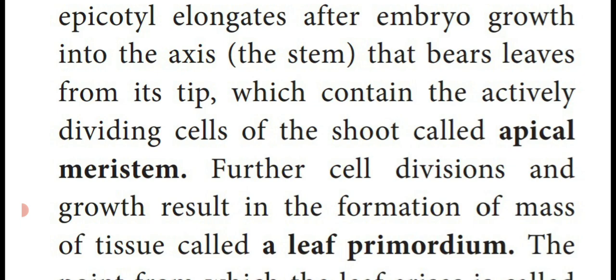At the tip of the shoot there is the apical meristem, which undergoes repeated division to form a mass of tissue known as leaf primordium. So what is primordium? That means the first form of a leaf. After that, the tissue is modified into a young leaf. So young leaves are produced from the tip of a shoot with the help of the apical meristem present in the tip region.